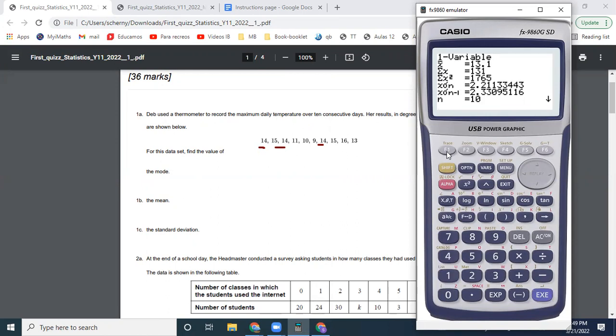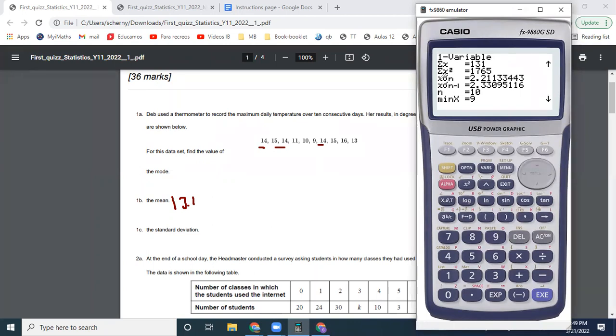So 1 bar, and we get that the mean is 13.1. This is the mean. We also have n, which is 10, because we have 10 numbers. We also have the mode, which is 14, and the standard deviation is given here.